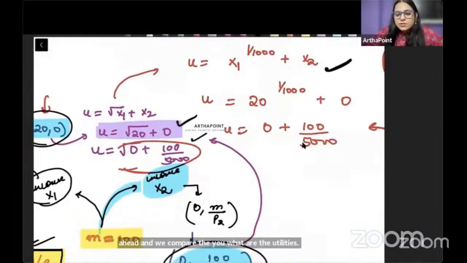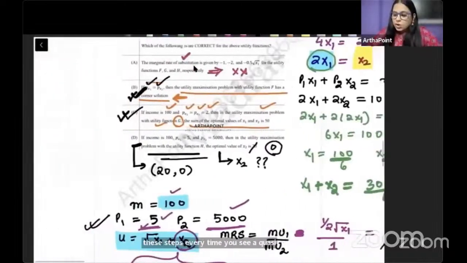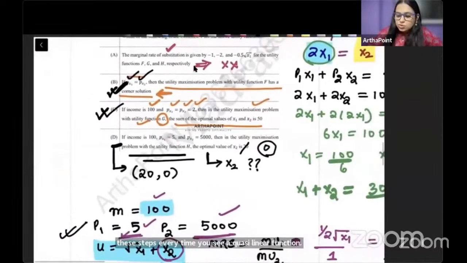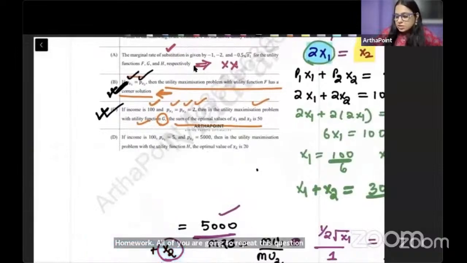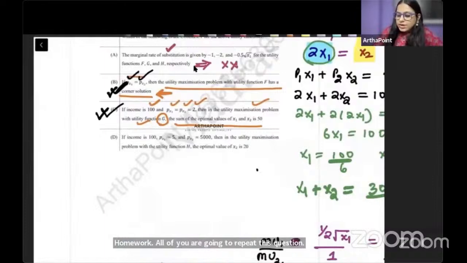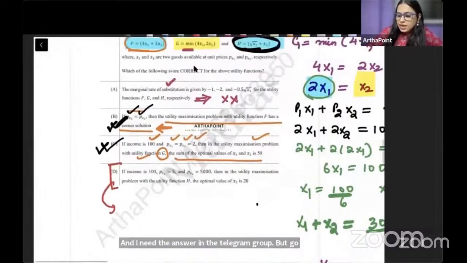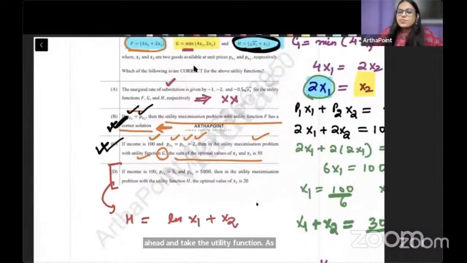These are fixed steps, beta. You need to take these steps every time you see a quasi-linear function. Homework: all of you are going to repeat this question, and I need the answer in the Telegram group. But take the utility function as ln x1 plus x2.